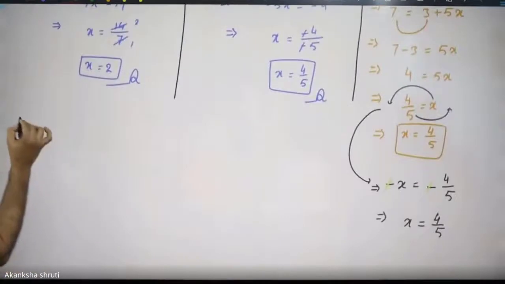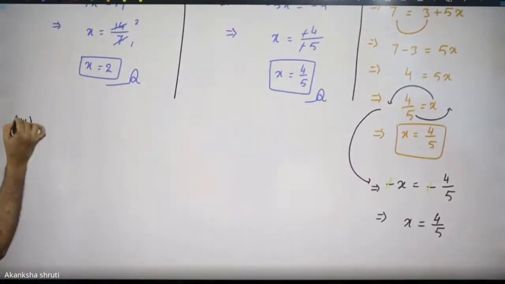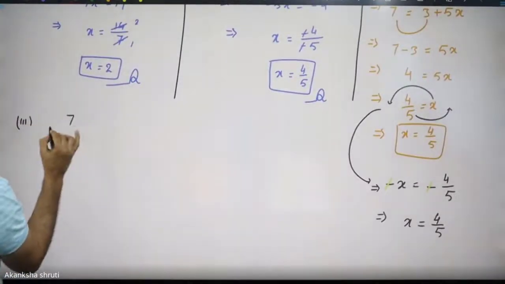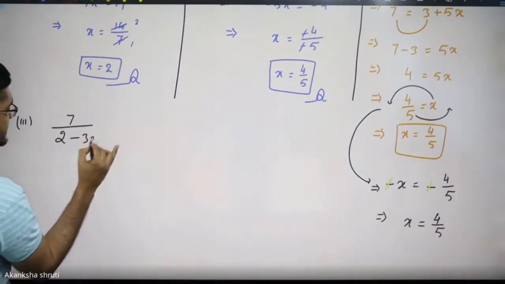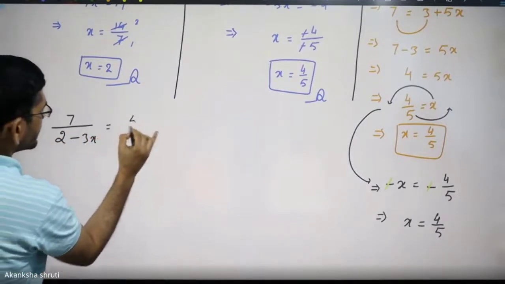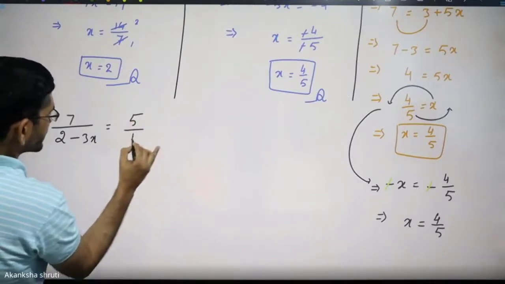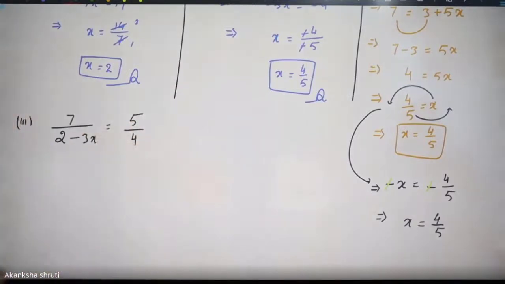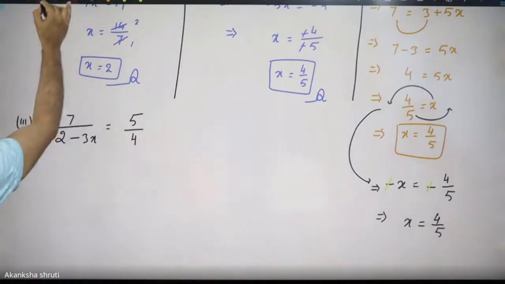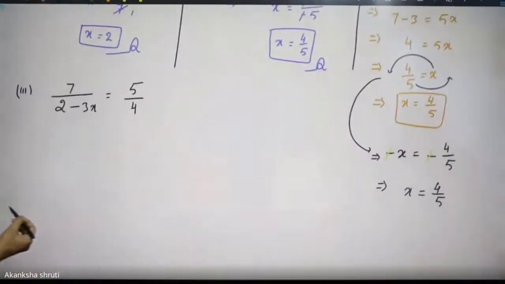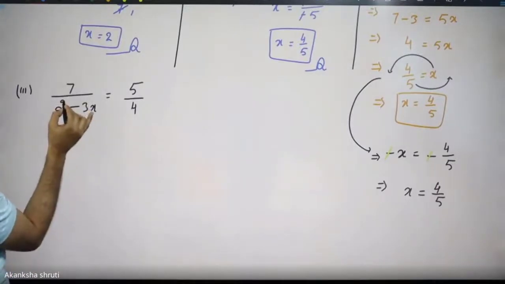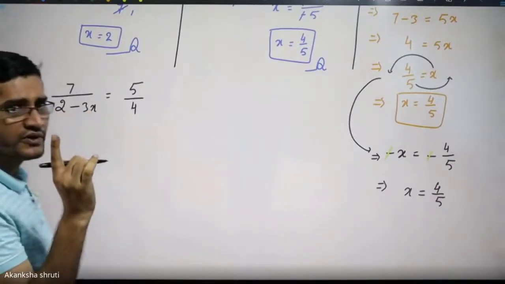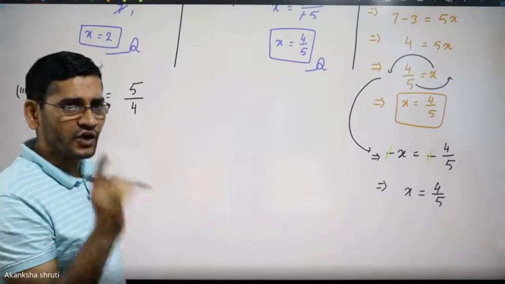The third one: if I have 7 by 2 minus 3x is equals to 5 by 4. We want to solve this question, students. The rule is that the left hand side itself consists of numerator and denominator.